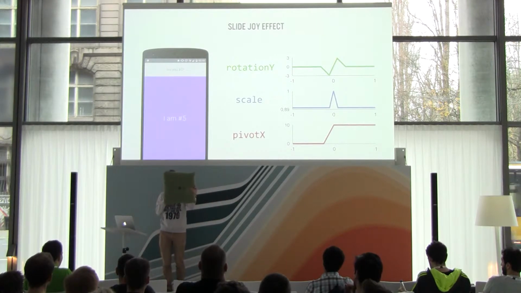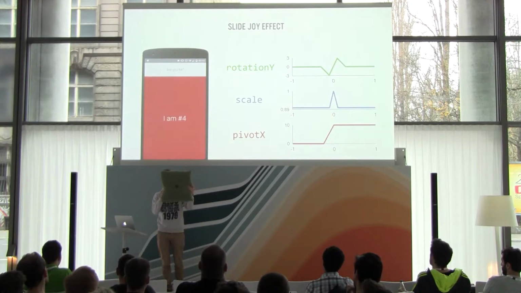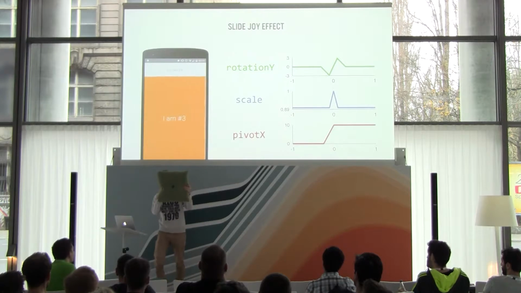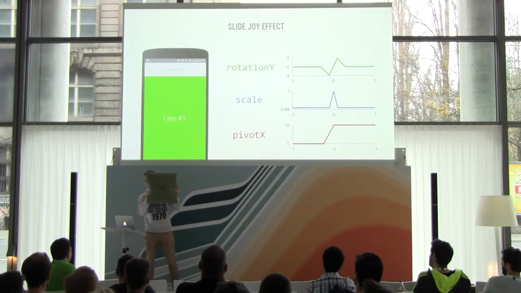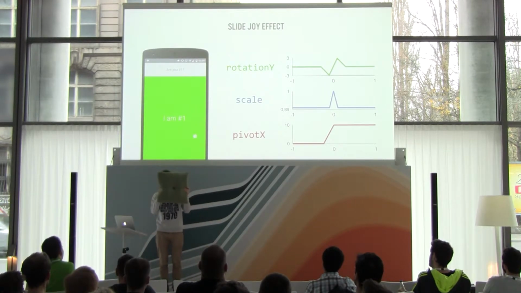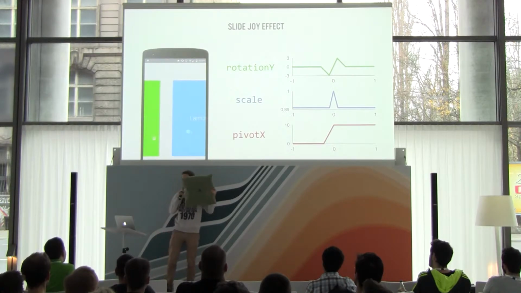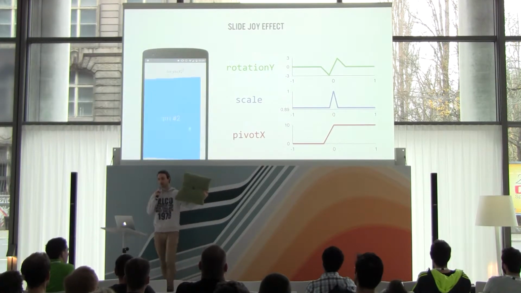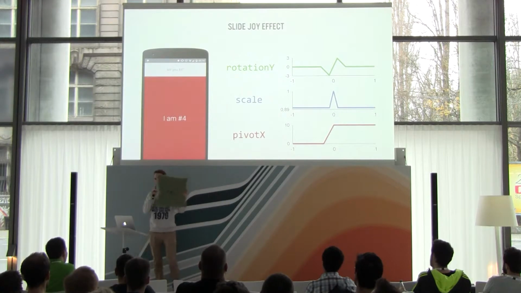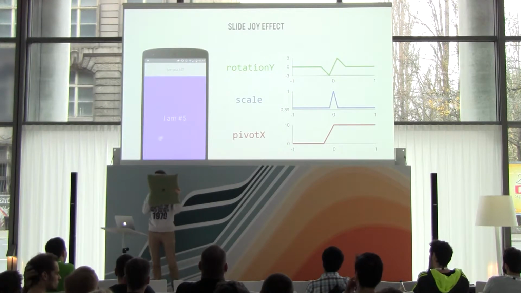The rotation modifies this angle, right? When you see it coming out, we are modifying the rotation until 0.3 and -0.3. So it rotates, then scales, and then moves. The translation is implicit on the view pager, where it already moves to the side, as you know. So that's what causes this effect.